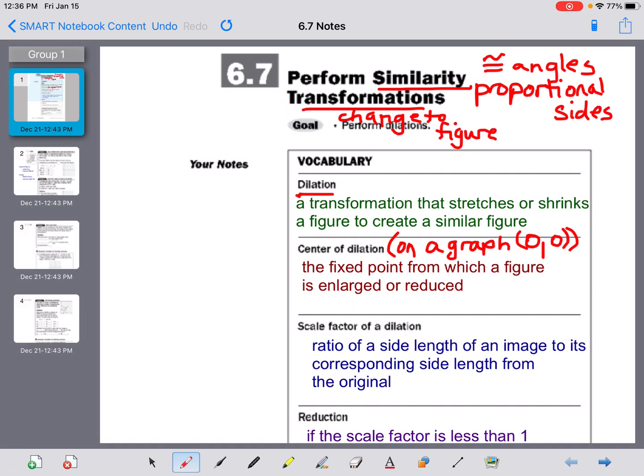When my eye gets dilated, it's the very center of your pupil, and when they dilate it with that medication, it keeps the center and just makes it bigger. So often the center of dilation can be in the figure itself, and so you don't really see that point. But as you see it on the graph, you'll notice what happens with that center of dilation.